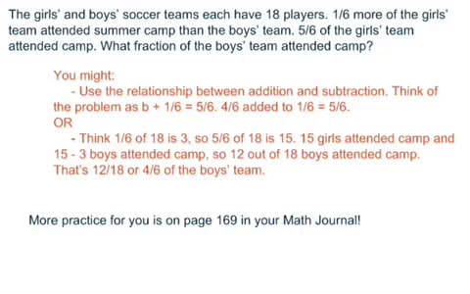15 girls attended camp, and 15 minus the 1/6 more for the girls, so minus 3 boys, would give me 12 out of 18 boys that attended camp. And that's 12/18. Or if I look at that, I can change 12/18 down to 4/6 of the boys' team, because remember, if I'm trying to do common denominators, I could ask what number I can divide 12 and 18 both by to make it lower.